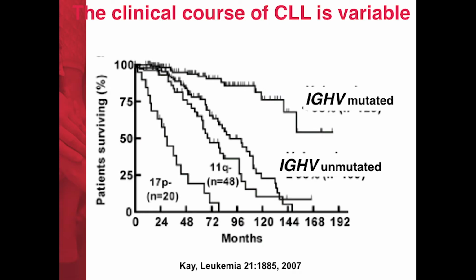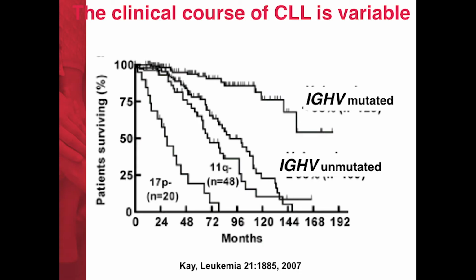Every CLL patient is a little bit different, and these different mutations give a different biology to the CLL cell. So some patients with certain mutations have a very indolent, very benign course. Others have a very rapidly progressive course. And that's encoded or predetermined by this collection of damaged genes that drive the CLL cell.